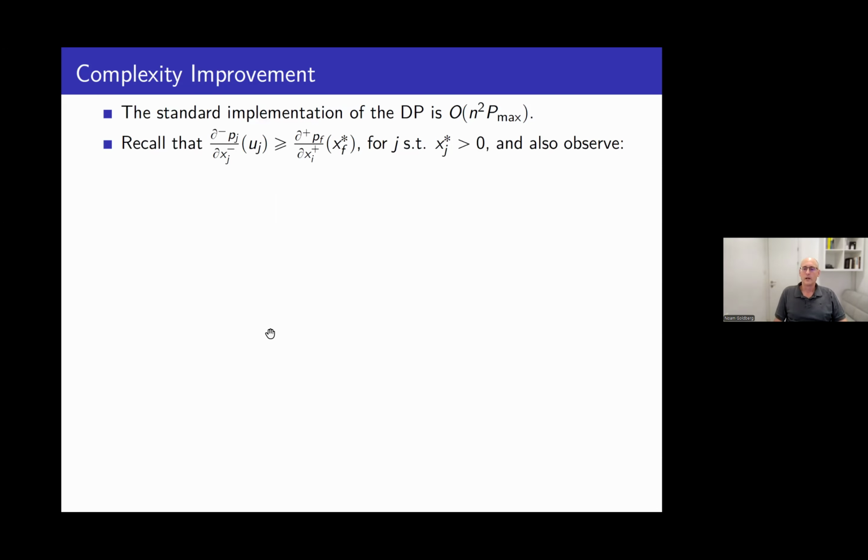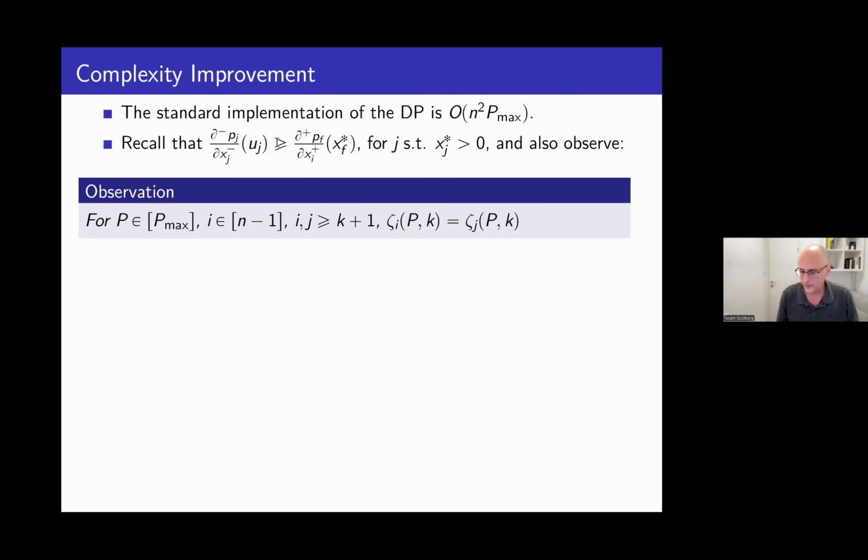The first one is about the directional derivatives, the fractional item derivative being at most that of the fully used ones.